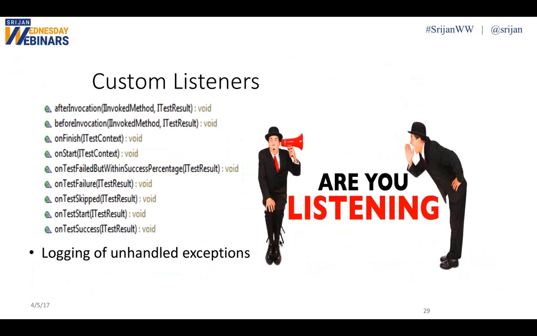Use those to catch all the unhandled exceptions from your test case, so that you can log that some exception has occurred in the test case. Otherwise, your test case will just fail without printing any logs about why it failed, and you will be clueless. So you can log all those unhandled exceptions using these custom listeners.